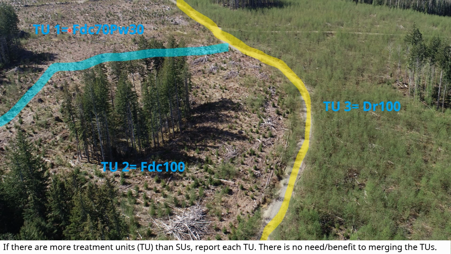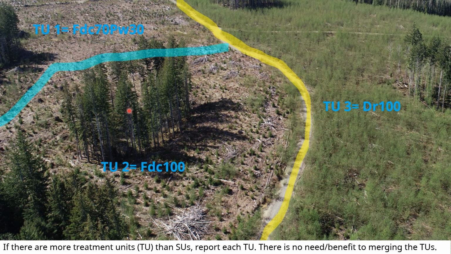If you've done this stratification, the boundaries right here, please do not merge your planting units together to report them at the SU level. That would be an additional step for you, and it wouldn't help us. So instead, just keep your stratification and report each treatment unit. So for this example, you'd report 3 activity treatment units, 1 for each treatment unit. So 1, 2, and 3.